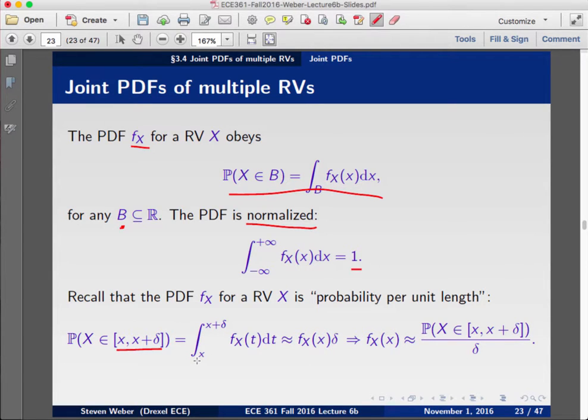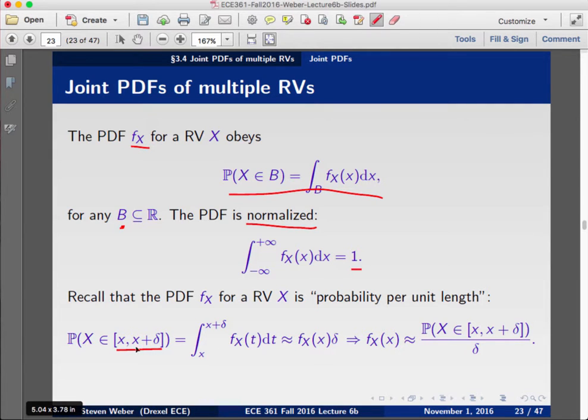So in this case, when I'm only integrating over a small interval x to x plus delta, I'm really only adding one such rectangle, and so the natural approximation of this integral is the height of the rectangle at x times the width of the rectangle delta.